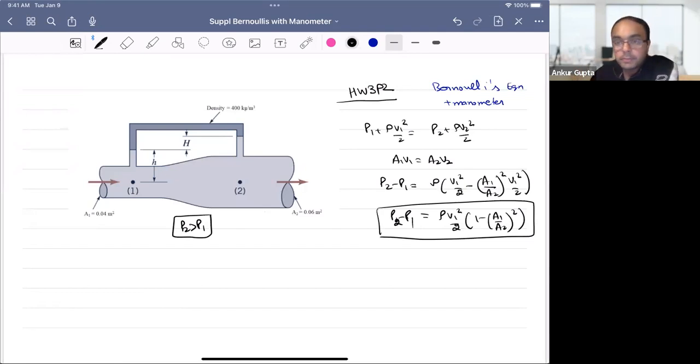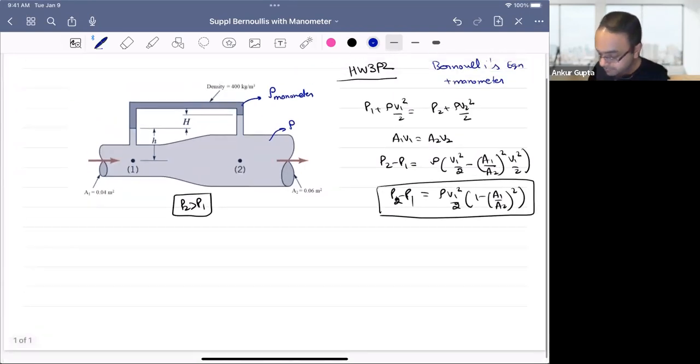Now there are two ways to approach this. The simpler way, which I saw some students use, is completely fine. You're very welcome to do this. So let's call this the density of the fluid, which is, let's say, a manometer, right? And then this density is rho. So at point 2, we have higher pressure.